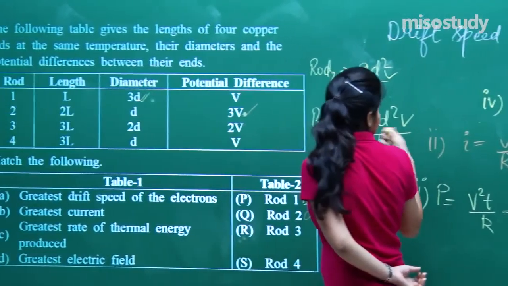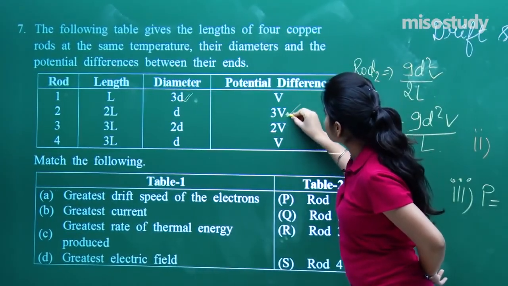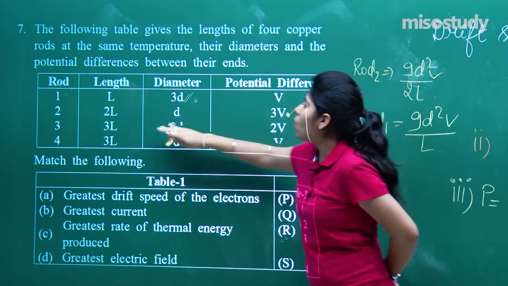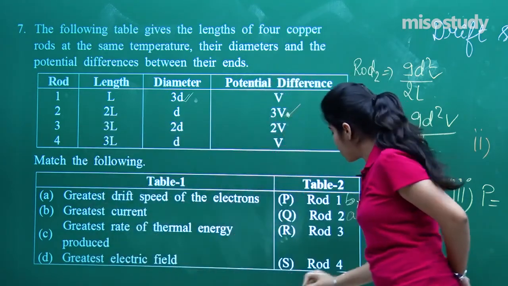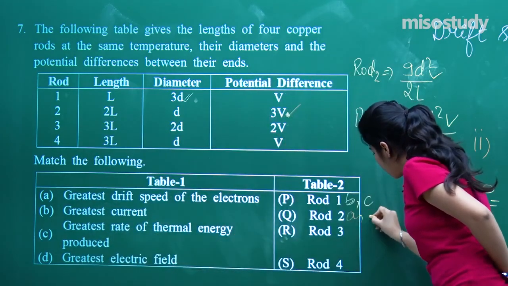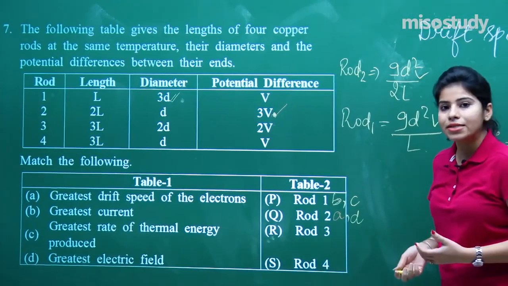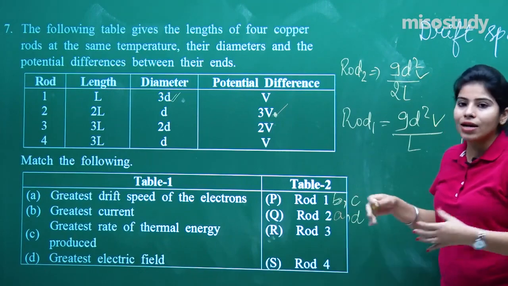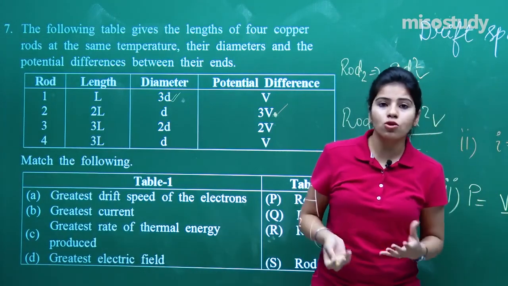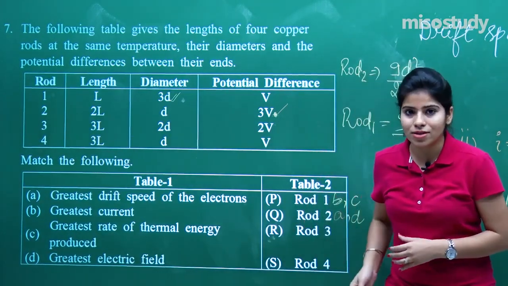So maximum potential difference I can see is over here, that is 3 volt, or we can say rod number 2. So that is the correct match for option D. So this was the question and this was the solution. You can take a note of this and we will be solving the next question, right.